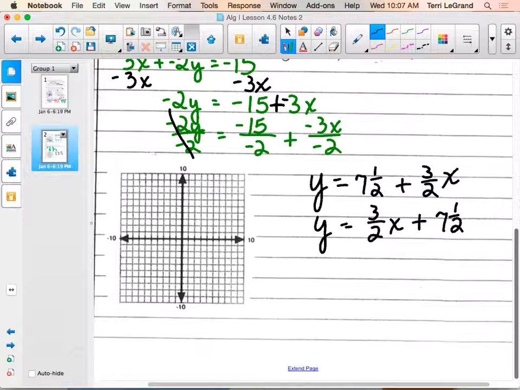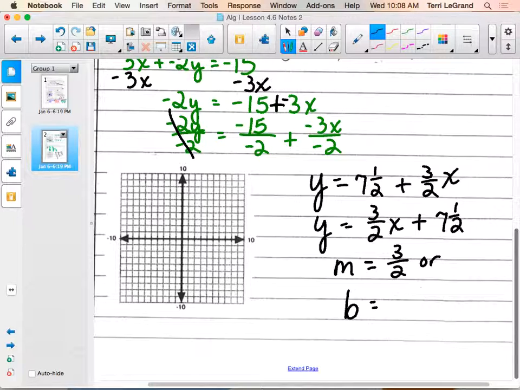So what's our m and what's our b? What is our slope? 3 over 2. What's another name for that? Instead of going up 3 and right 2, what could we do? Slope of 3 over 2.